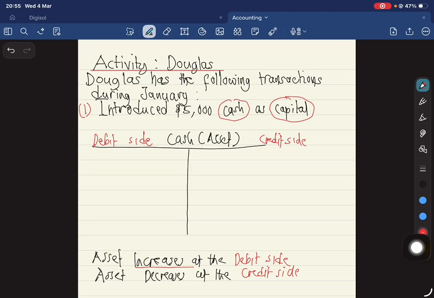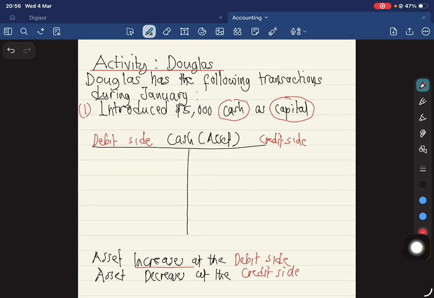So Douglas has introduced 5,000 cash into the business. Initially, the business had zero cash, nothing, and now Douglas has put in 5,000. So it means the cash of the business will increase.